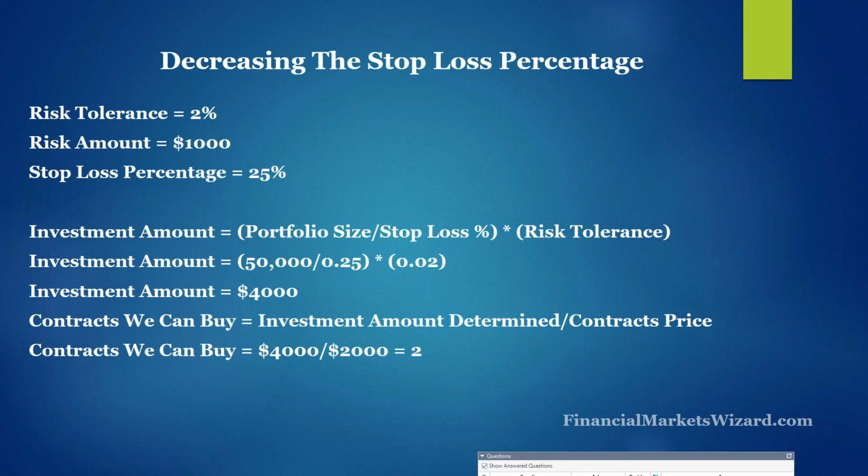So it's the same thing, same contract, same stocks, same risk tolerance, same portfolio size. The only thing that varies is the stop loss percentage, 25%. So if you only want to lose 25% and you stick to your initial stop, you can buy 2 contracts of Amazon. So in other words, if you raise this percentage, you need to buy less. If you decrease the stop loss percentage, you can buy more.